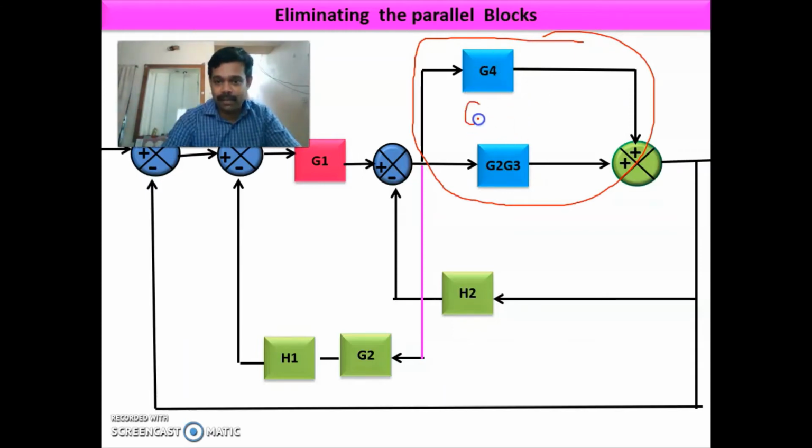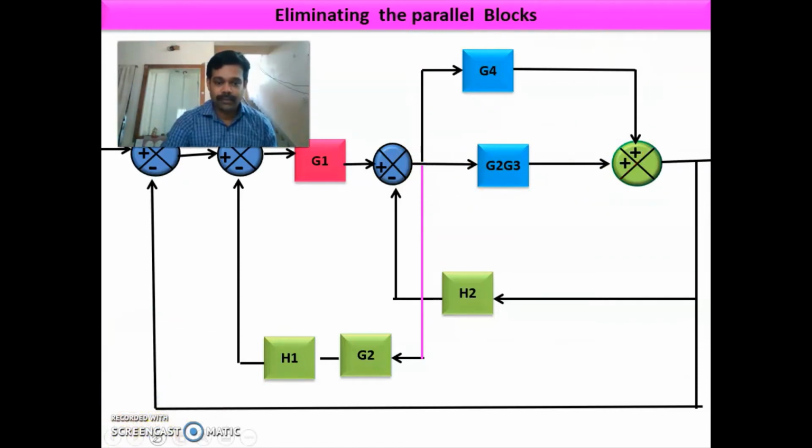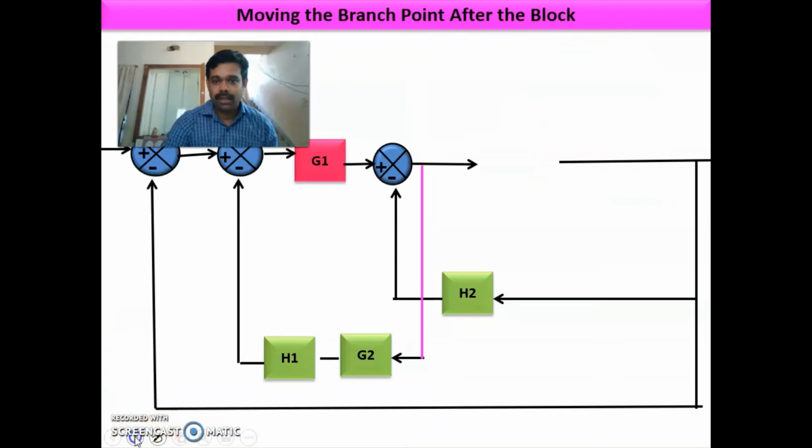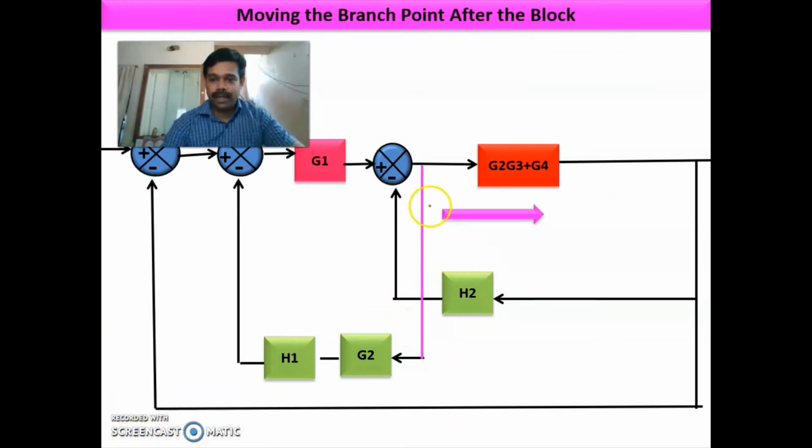Here, while replacing, what we'll be getting is G4 plus G2 G3. So we have replaced that parallel block by this block.